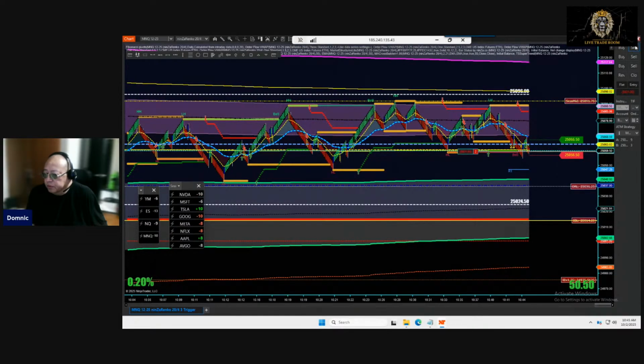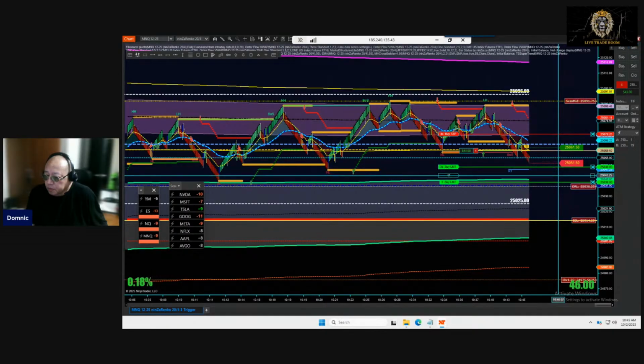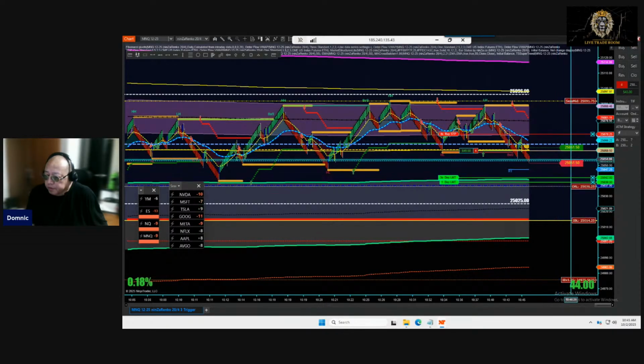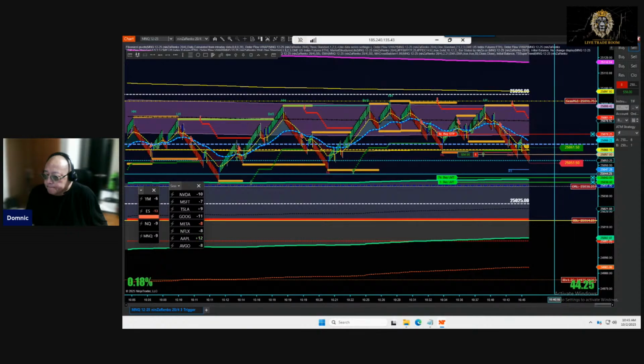There's the reversal bar. Order filled. So what I'm going to do is leave this. Wow. Pretty fast. Pullback. Order filled. Order filled.